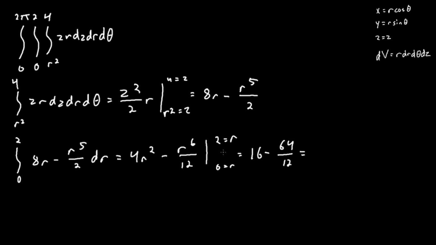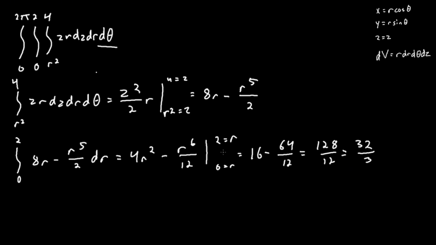If you simplify all of this, hopefully you know how to simplify fractions, you get 128 over 12, which simplified further is equal to 32 over 3.